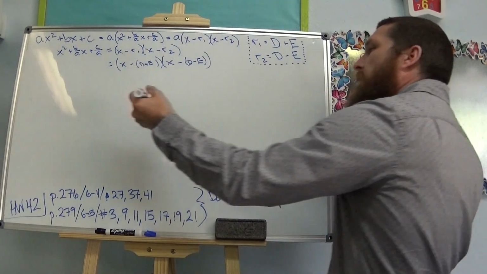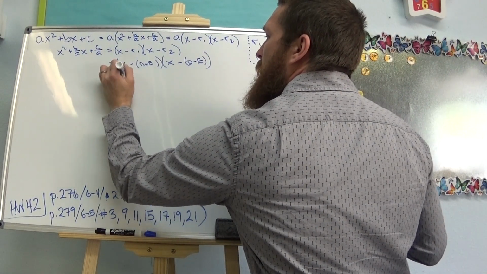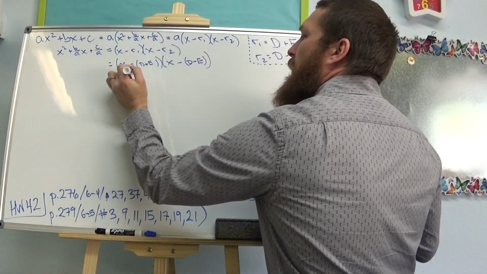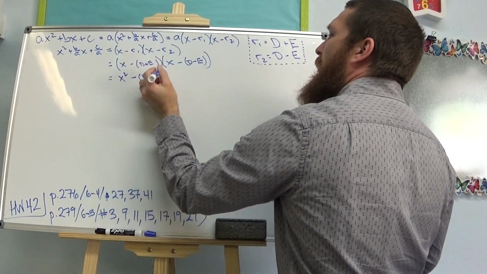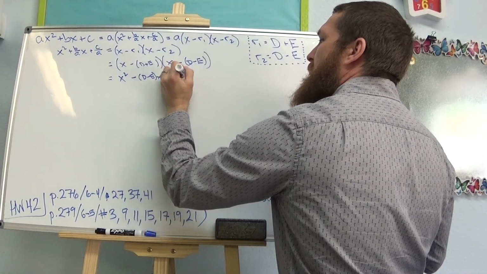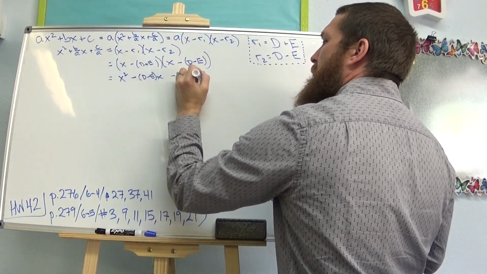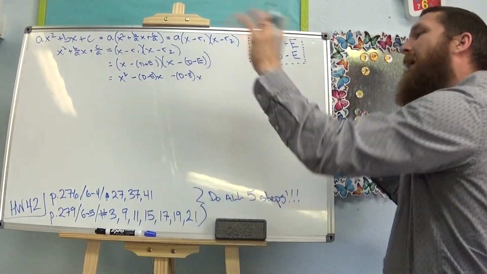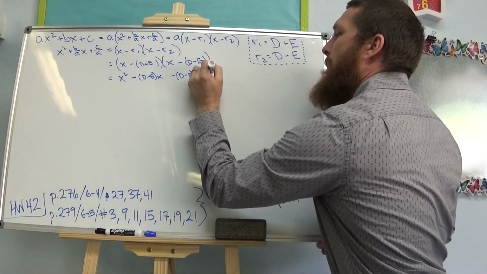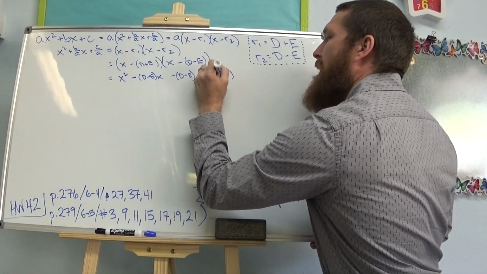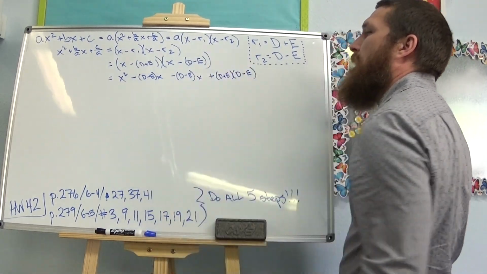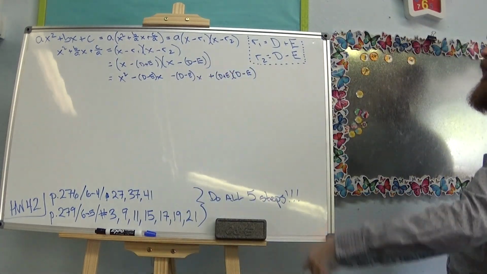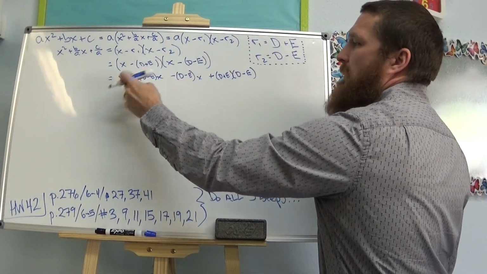and let's just see what happens. First, outer, inner, last, we get X squared. Outer gives me minus D minus EX. Inner gives me minus D minus EX. Last gives me a negative times a negative is a positive, so that's plus D plus E times D minus E. And then I'm going to go through and distribute these guys out.